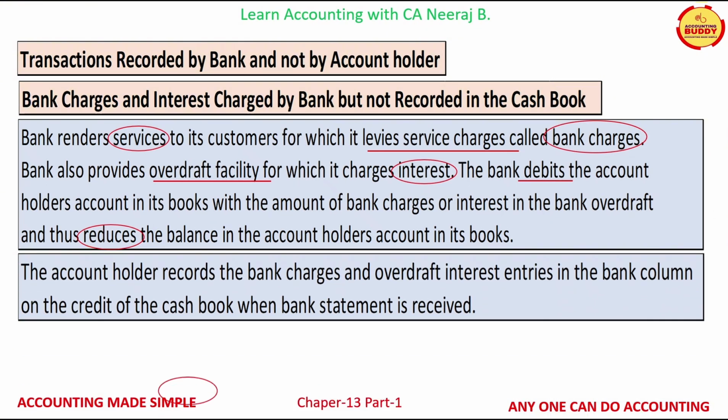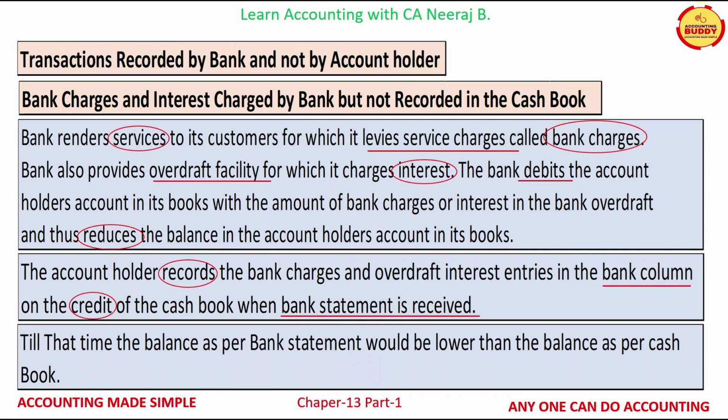The account holder records the bank charges and the overdraft interest entries in the bank column on the credit side of the cash book when the bank statement is received. Till that time, the balance as per bank statement would be lower than the balance as per cash book.